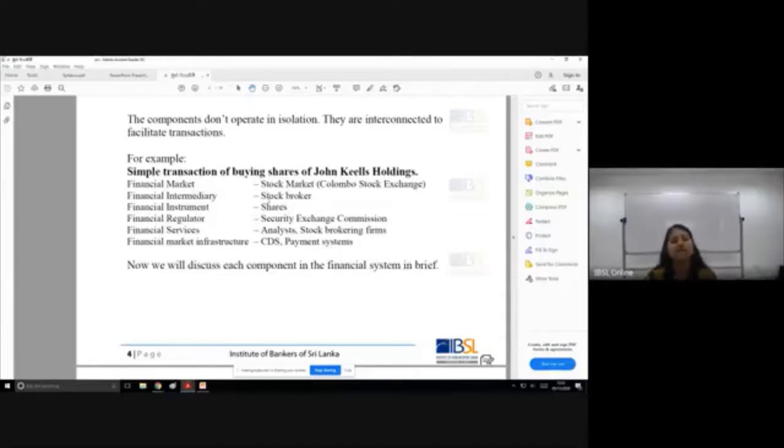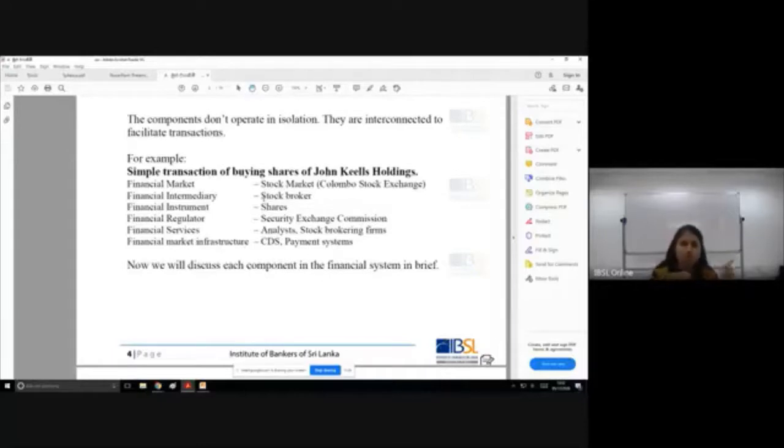There are now platforms which will enable you to transact directly in the stock market as well. But a financial intermediary doesn't mean that you only have to come through him. He can even give you advice on what stocks to pick and what stocks not to buy. In that scenario, he might even serve as a financial service provider.